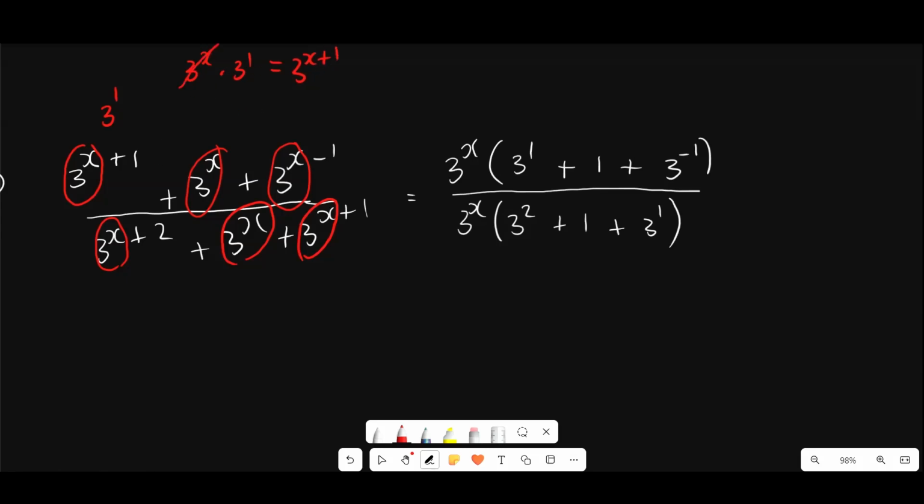So if I take out this, then I'm left with that, right? Here similarly I only have 3x times 1, right? 3x times 1 is the same as 3x. So if I take out 3x, I'm left with what?